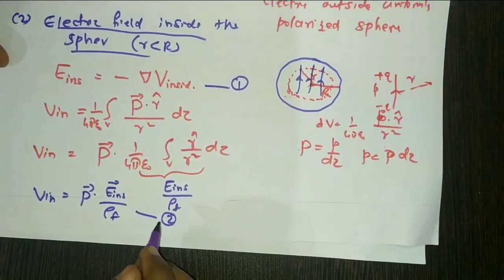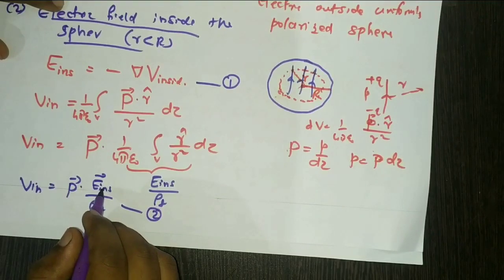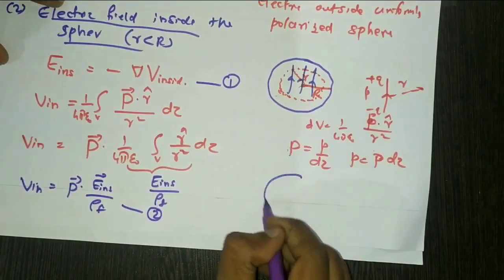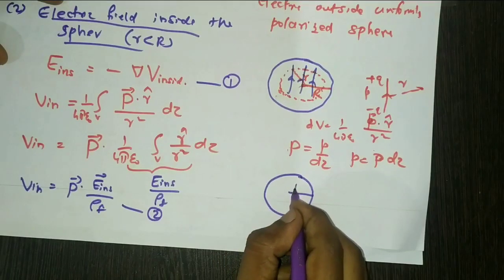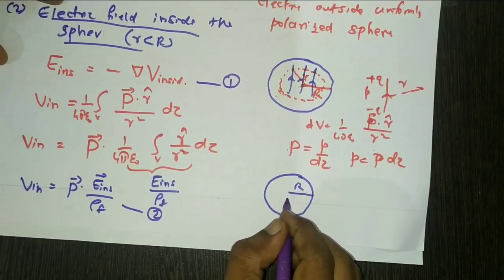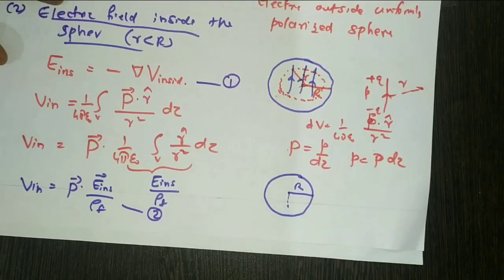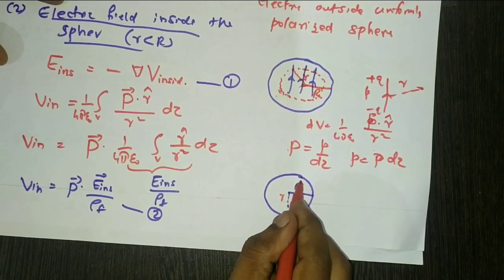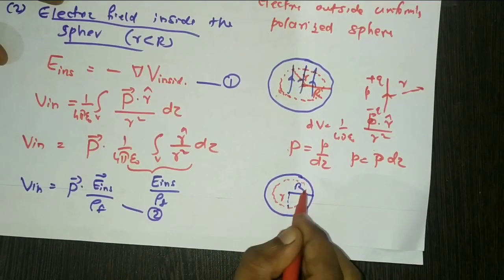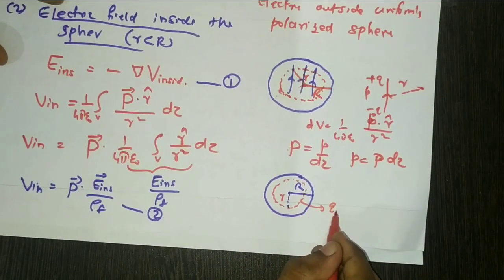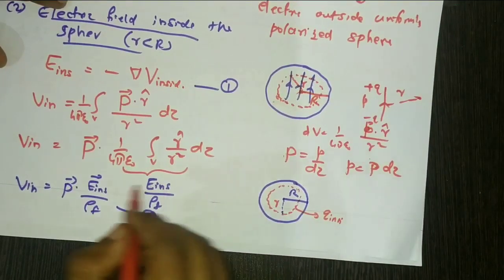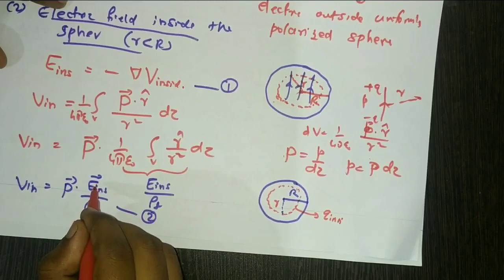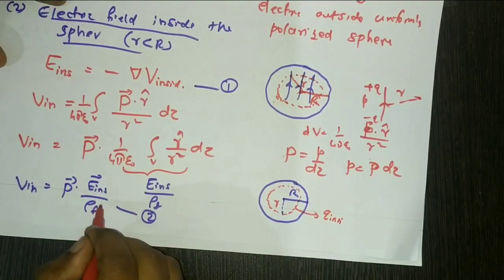Here E inside means the electric field intensity inside a uniformly charged sphere whose radius is R, and the charge contained within a small radius r can be written as Q inside.